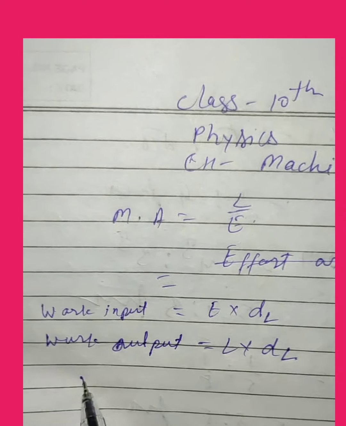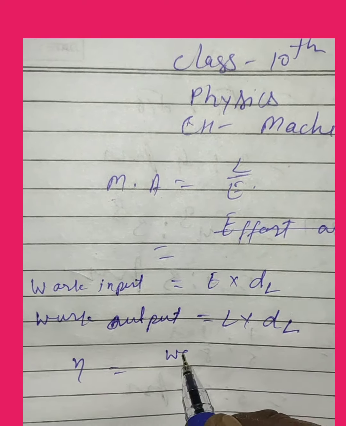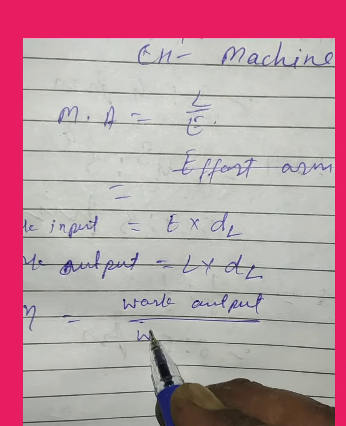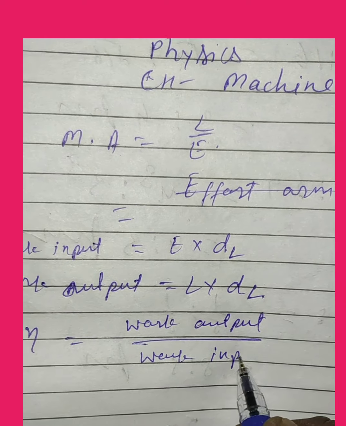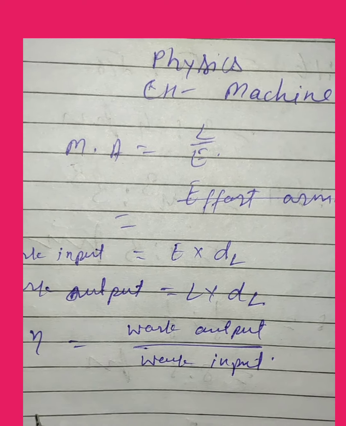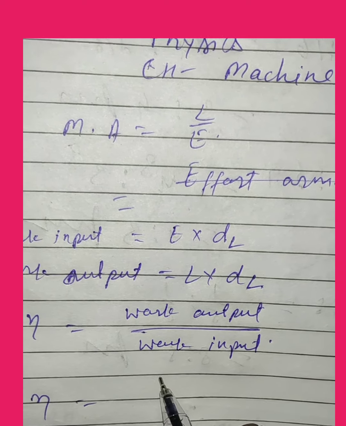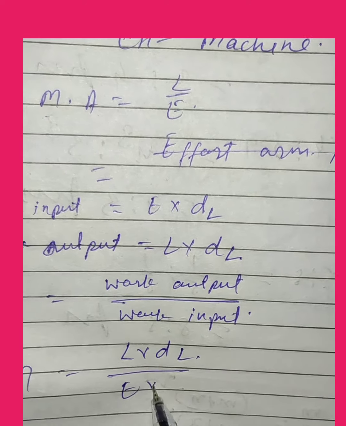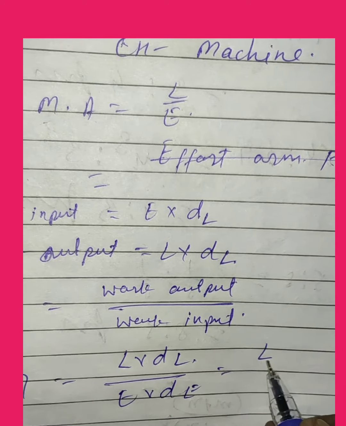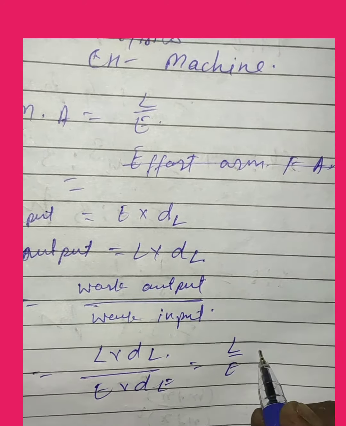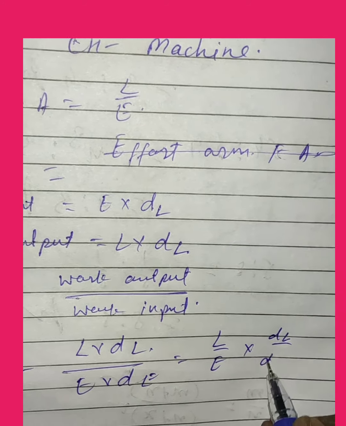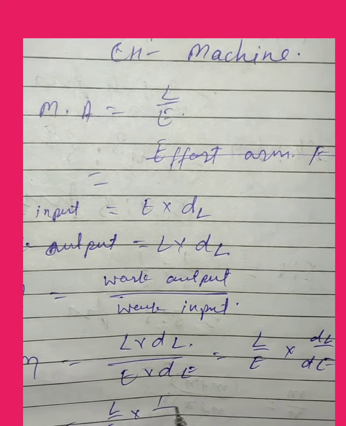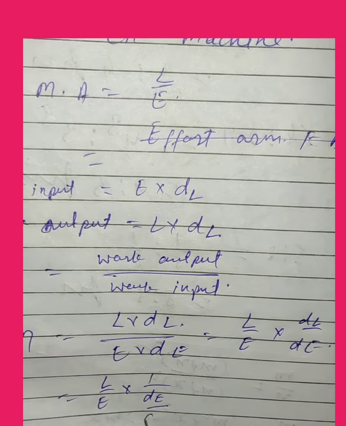So efficiency is equal to work output over work input. So we can say efficiency is equal to L into dl over E into de, or L over E into dl over de, or L over E into 1 over (de over dl).